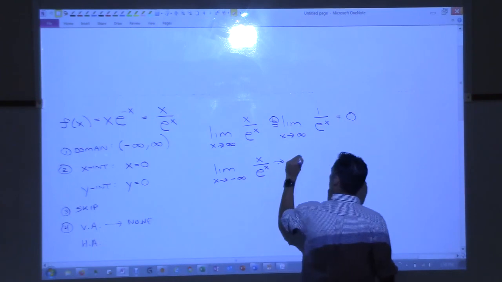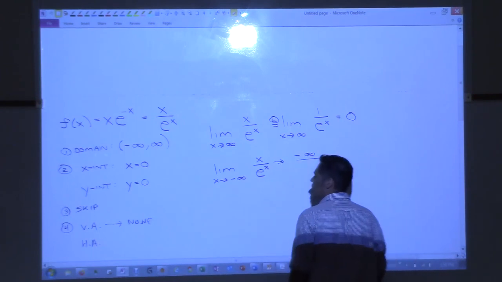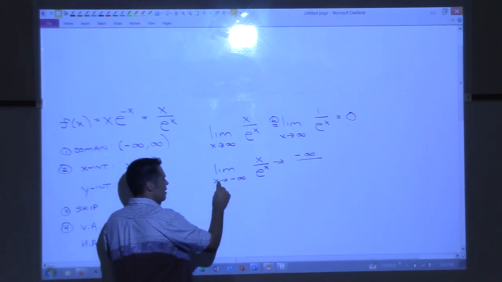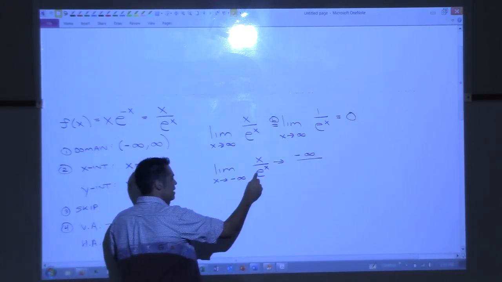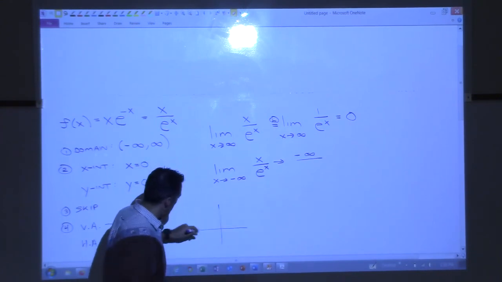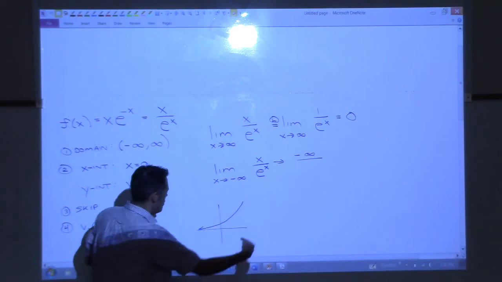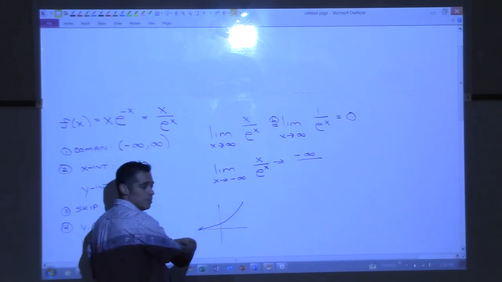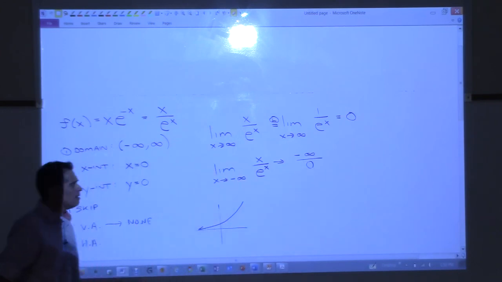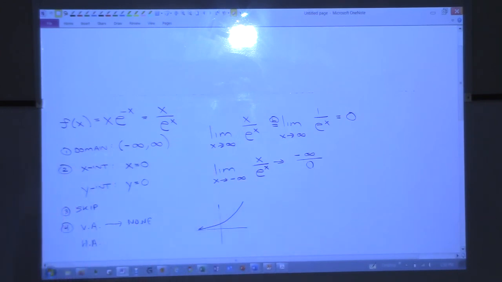This one's a little weird, because what happens is as x goes to negative infinity of e to the x, you're really looking at the e to the x function and you're trying to go this way, right? And that goes to 0. So the bottom goes to 0. And have we ever had that? I don't think we've ever had negative infinity over 0, have we? So maybe we just give up.